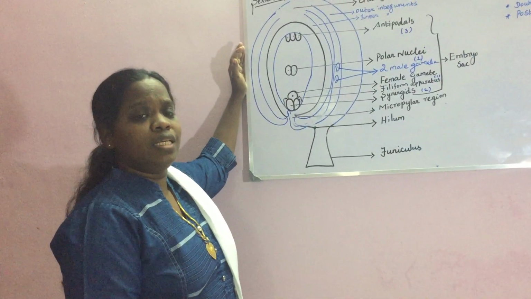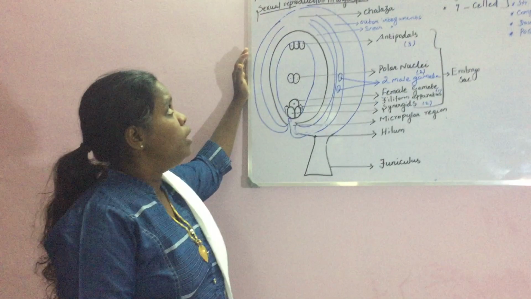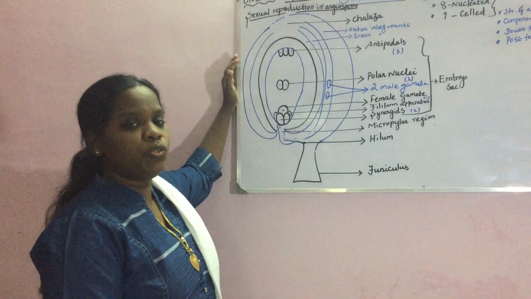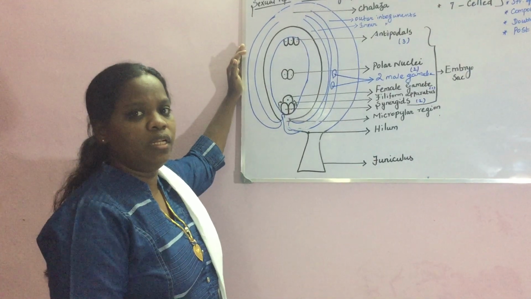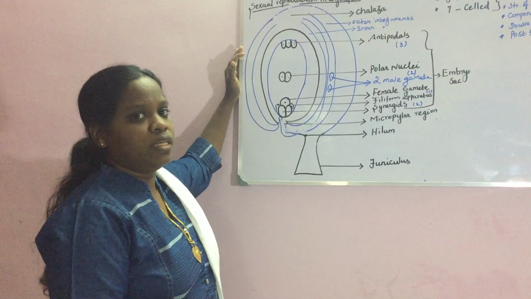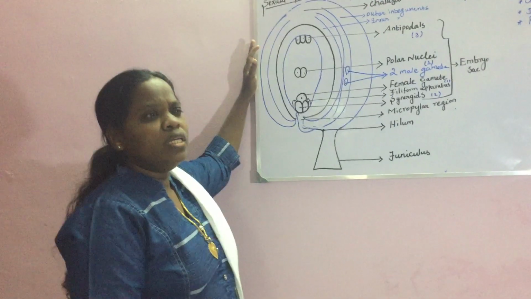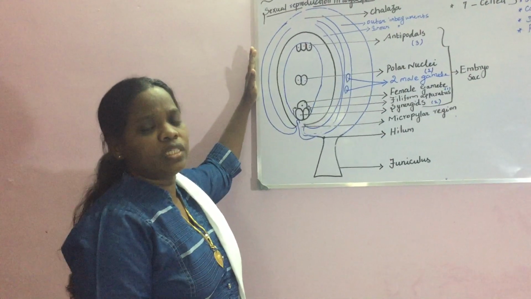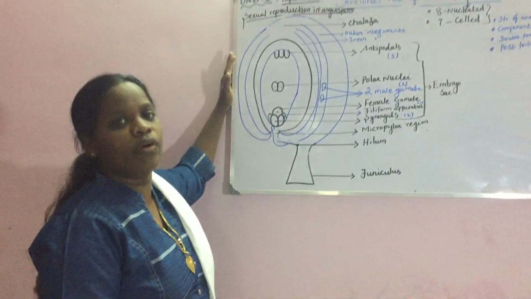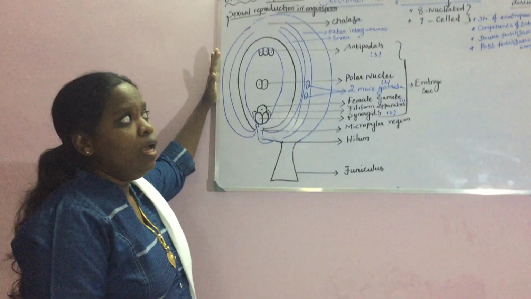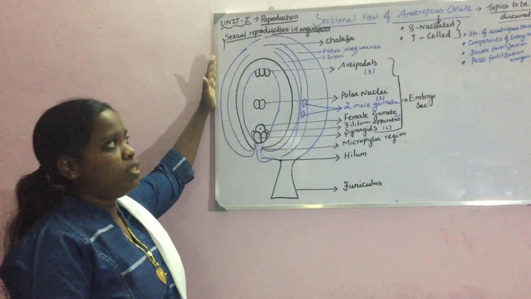Okay, let us see today's lesson. This lesson is regarding reproduction, sexual reproduction in angiosperms. That is the first unit in 12th standard, isn't it? Here I am going to explain the very important 5-mark question. What are the topics we are going to discuss?